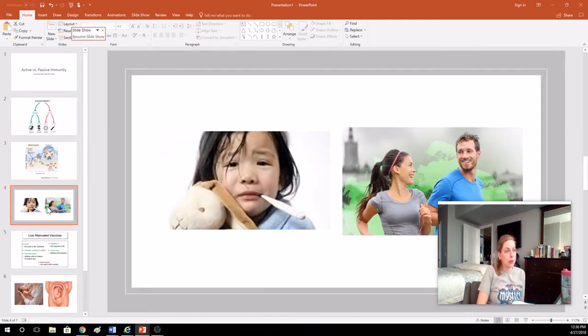So active immunity, the most common type of active immunity is your own body responding to a disease process. You see this sick little girl right here. We're talking about kids are much more likely to get sick when they're younger. Well, why is that? It's because they don't have this active immunity down pat. Once they've seen a couple different types of strep throat, they're going to stop getting it.